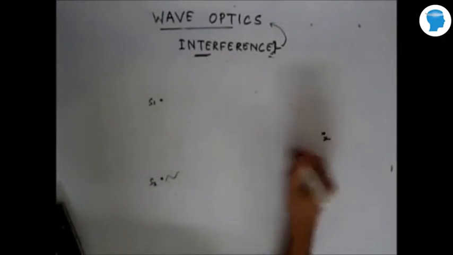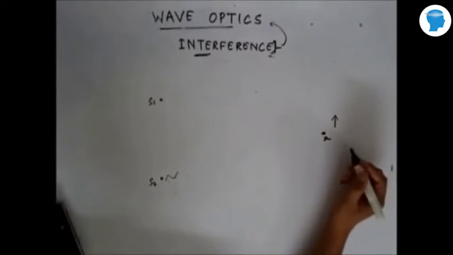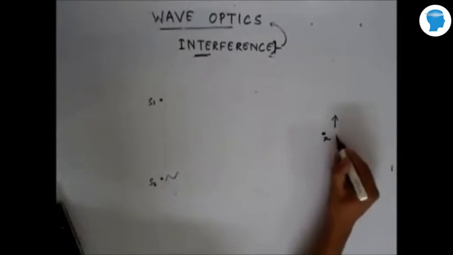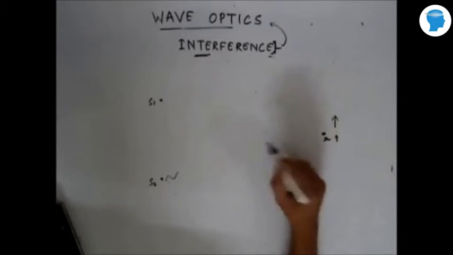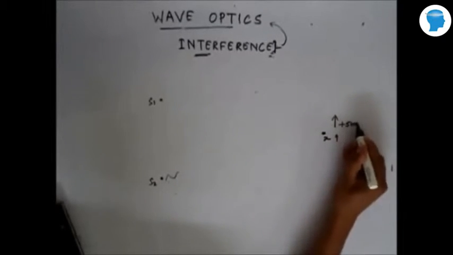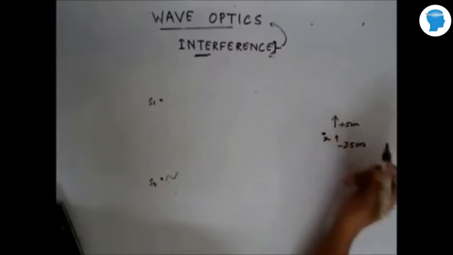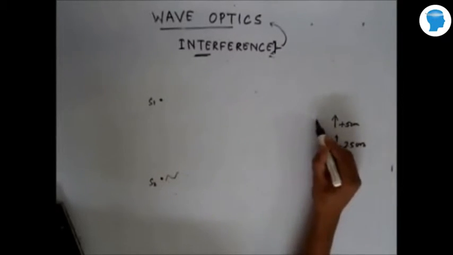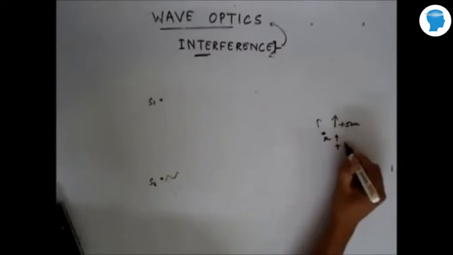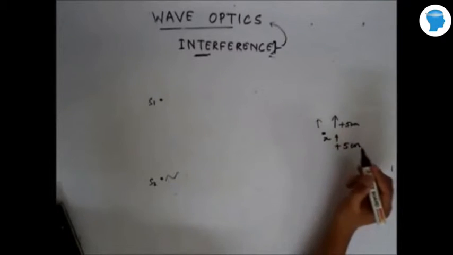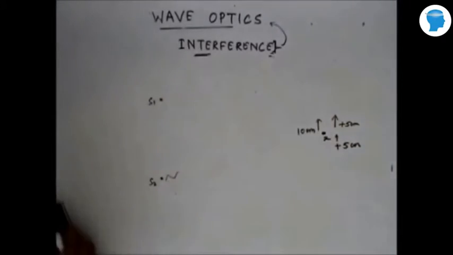I find the displacement produced by S1, then the displacement produced by S2, and add them vectorially. If the displacement produced by S1 is, let's say, 5 centimeter, and by S2 is minus 2.5 centimeter, the final displacement here will be 2.5 centimeter in this direction. Similarly, if S1 gives 5 and S2 also gives plus 5, both displacements add up and we have a net displacement of 10 centimeter.